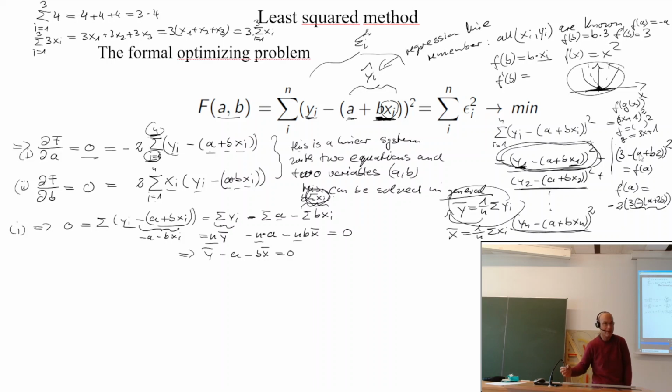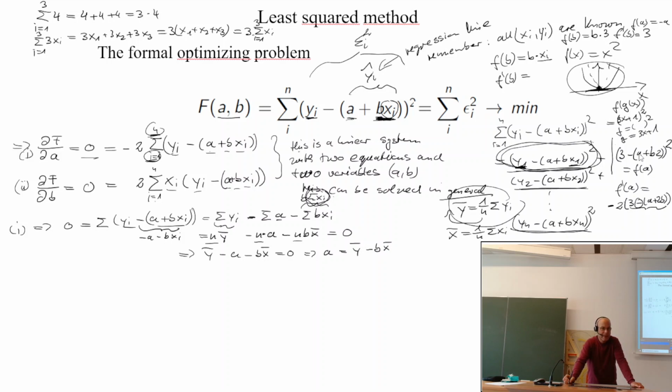And this we can now solve just for a. Putting a on the right side, we obtain a equals y bar minus b x bar.